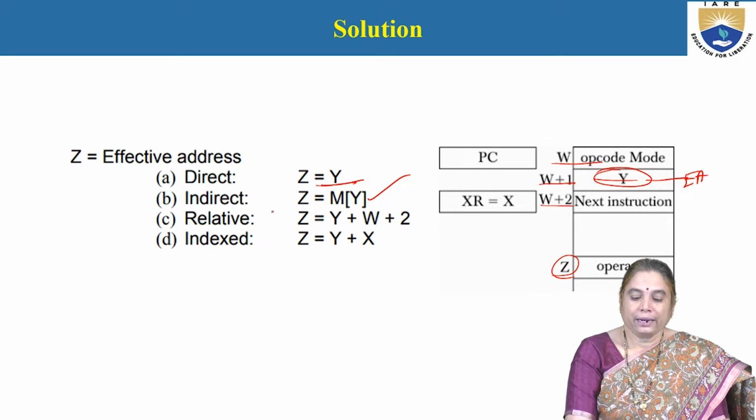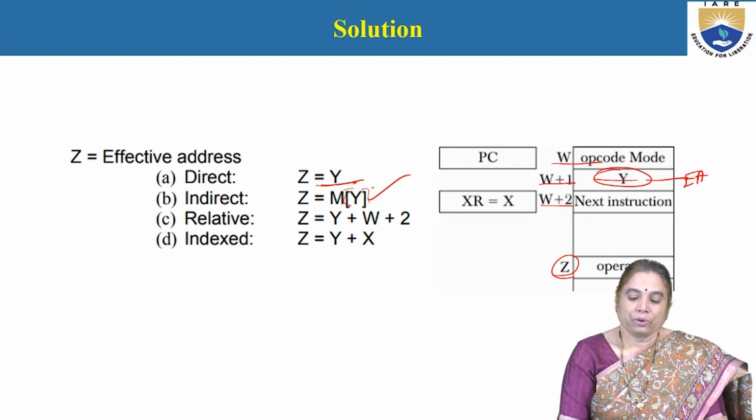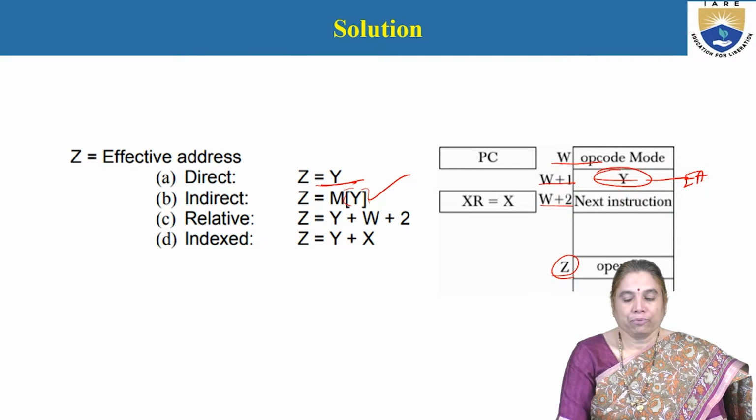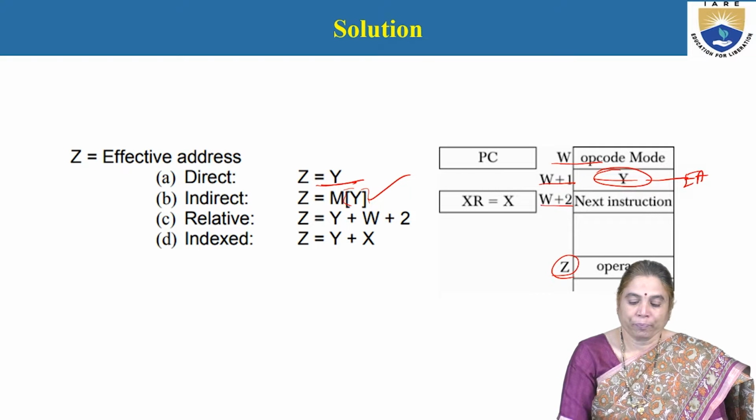That's why in the indirect addressing mode, Z is equal to M of Y, the contents of location Y. So two memory cycles are required to fetch the actual operand in case of indirect addressing mode.